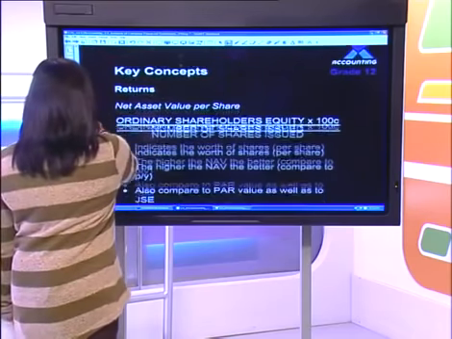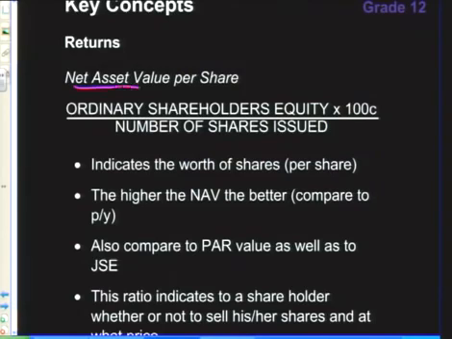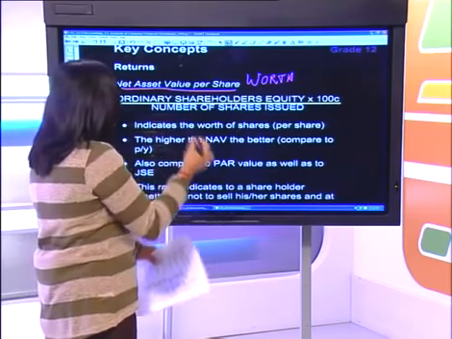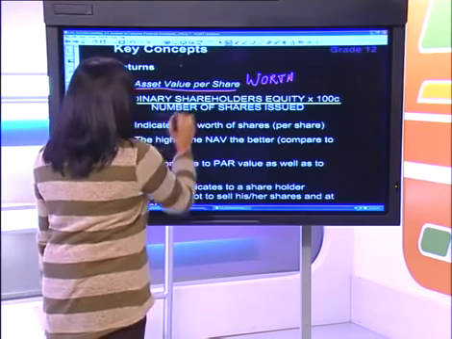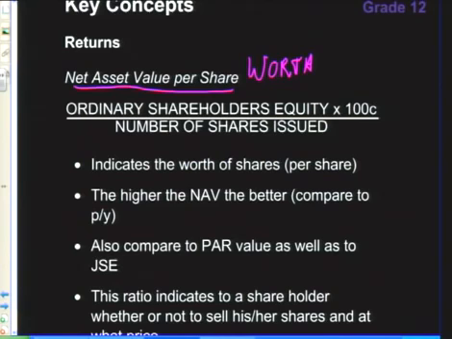Right, the next concept, guys, is your net asset value per share. And here, the word net asset value means what is the actual worth of your shares? If I want to sell my shares, at what price should I sell my shares? Ordinary shareholders' equity, which we get from our balance sheet, we're going to divide this by, again, number of shares issued, times it by 100 cents if you want your answer to be in cents.